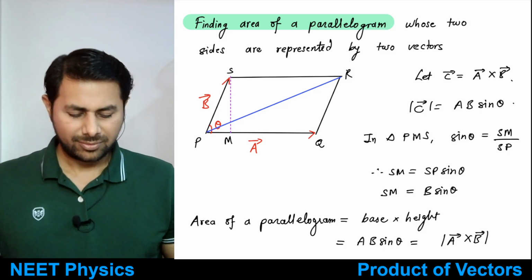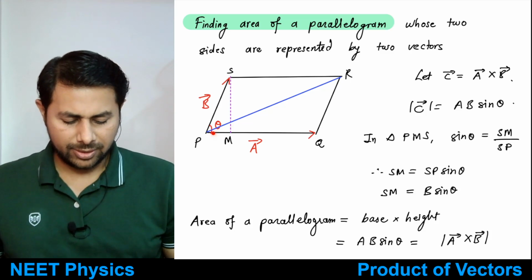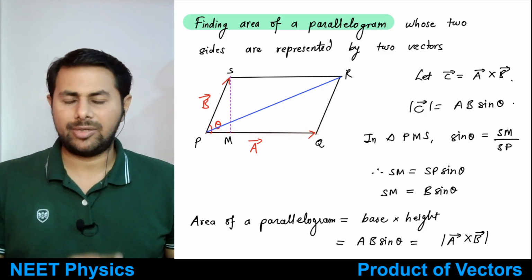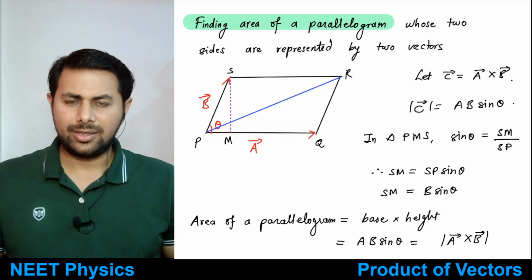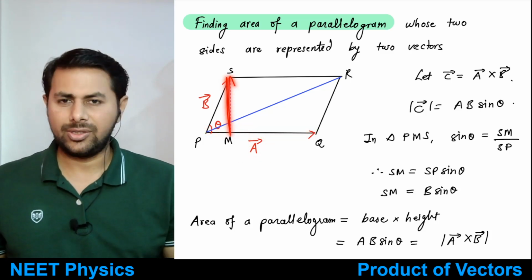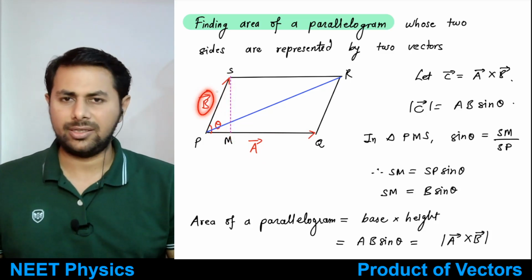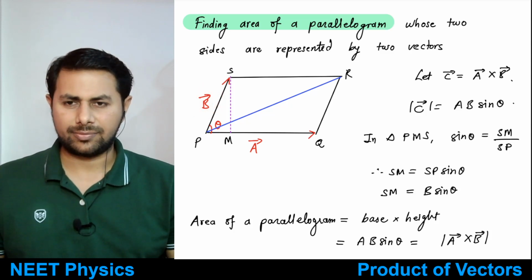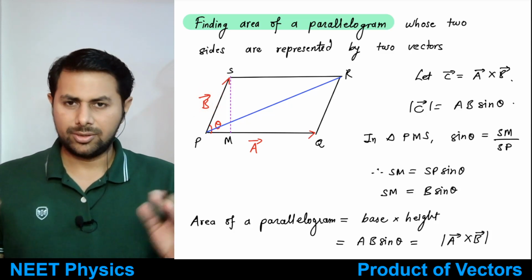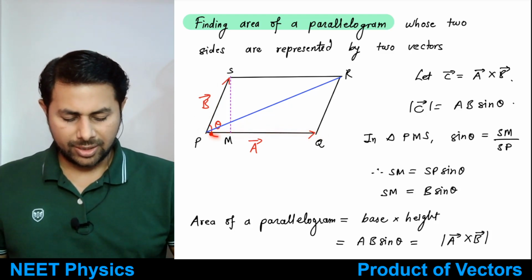To find the area of one triangle, you find half of base multiplied by height. The base is the magnitude of side A, and the height is SM, that is B sin theta. This is clear.